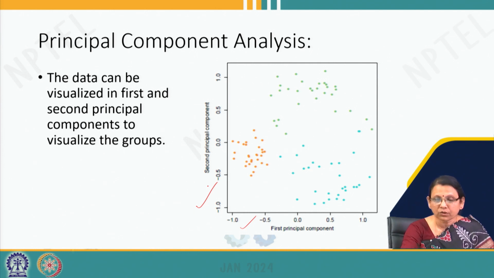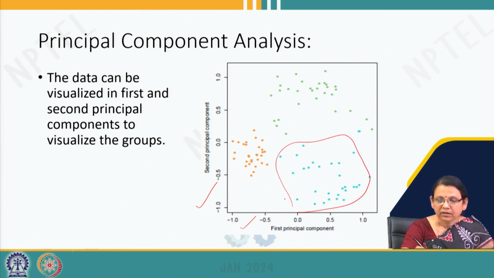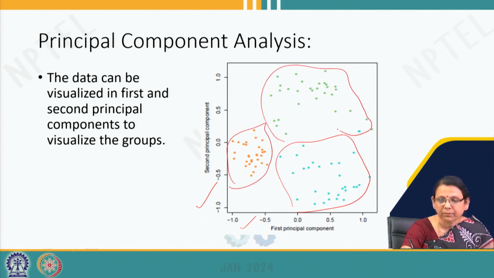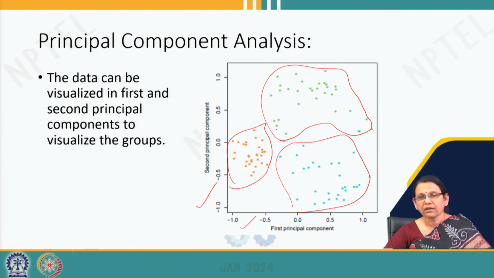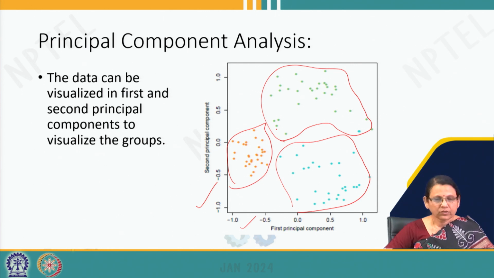And looking at how these points are distributed, we can in fact find the clusters based on the variability that is observed within the data and captured through the principal components. So, we can use this as a data visualization tool, identify the clusters, and probably based on these clusters you can partition the data and carry on your activity.